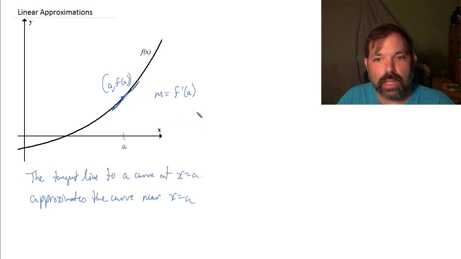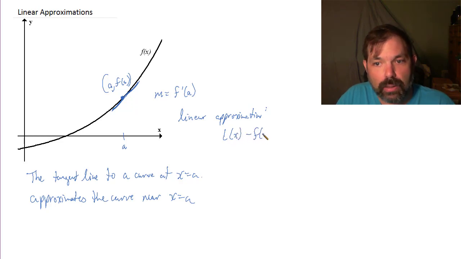So then the linear approximation is given by, let's call it L of x, minus f of A is equal to f prime of A times x minus A.